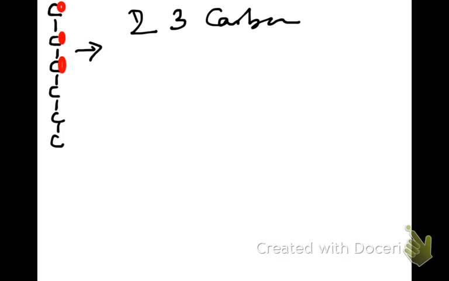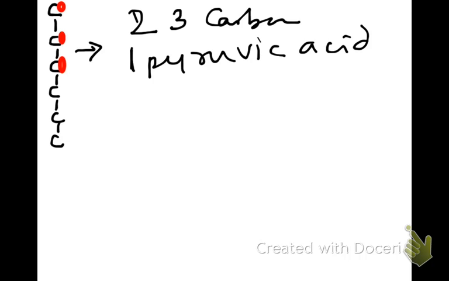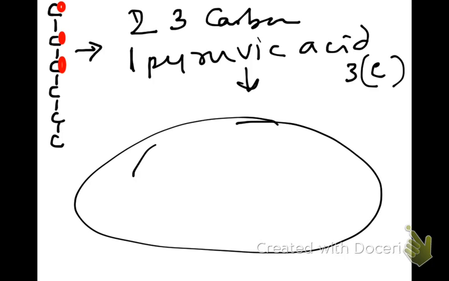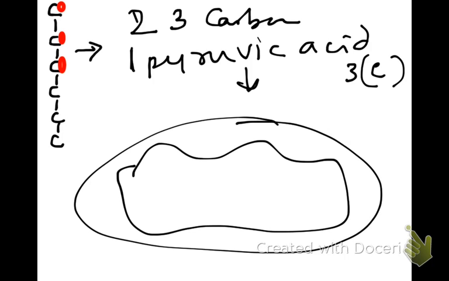So then this one pyruvic acid, is a 3 carbon, mind you, it has to get into the mitochondria. This is the mitochondria. So it gets into the mitochondria.